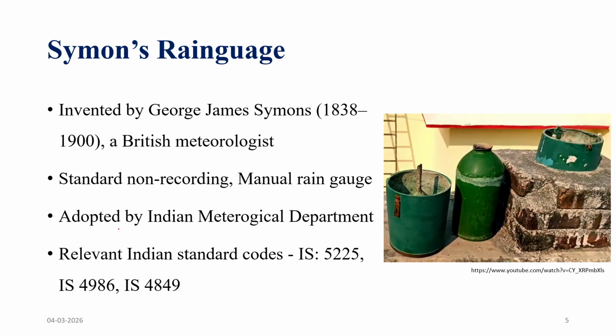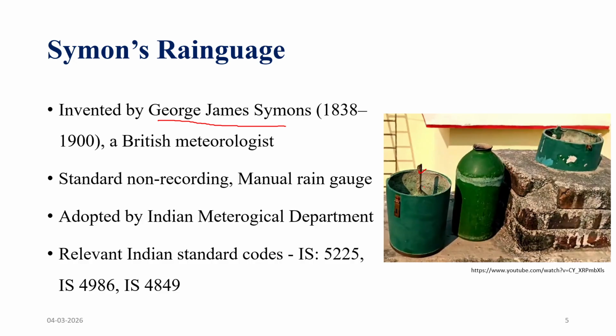The Symon's rain gauge is a standard non-recording manual rain gauge, widely used for measuring daily rainfall. It was invented by a British meteorologist named George James Symons. It collects rainwater via a funnel. Here, this is the funnel. We will see the schematic diagram of the rain gauge in the subsequent slide.